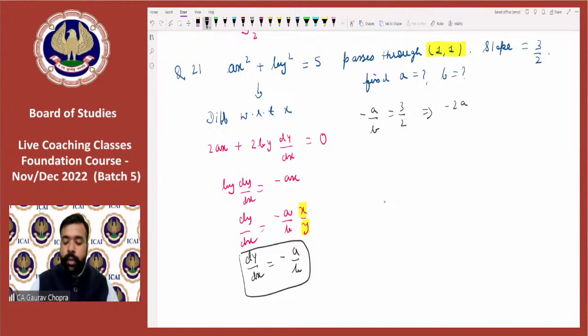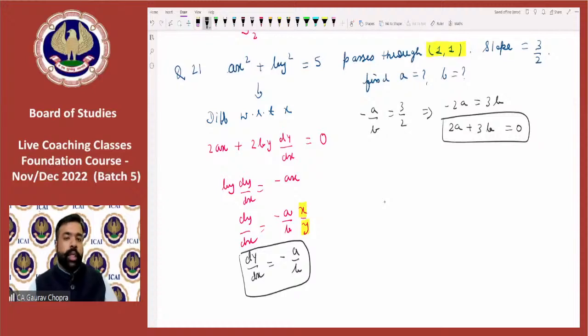This will give us minus 2a is equal to 3b. Or we can say that 2a plus 3b is equal to 0. This becomes the complete equation, so we can name it as 1. Now, secondly, the given equation is passing through point 1 comma 1, so this 1 comma 1 will satisfy the equation.